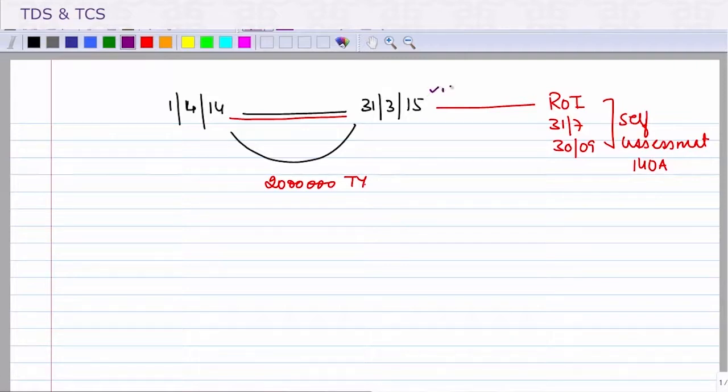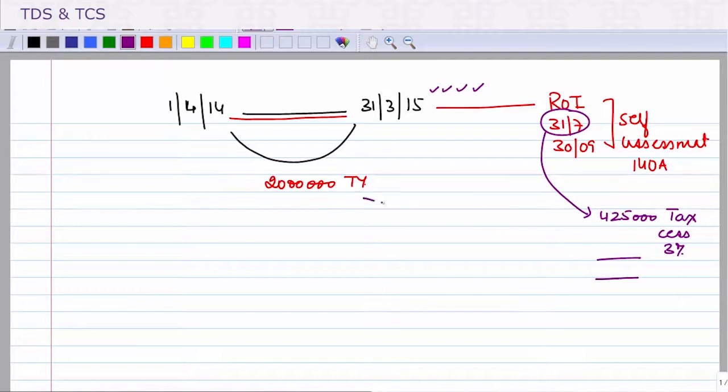Now, April, May, June, July, somebody tells you that you go to the department, file a return, or sit online and file the return, and now you have to pay close to 4,30,000 as tax, plus you will pay a cess of 3% to the government for the income you earned 4 months ago.